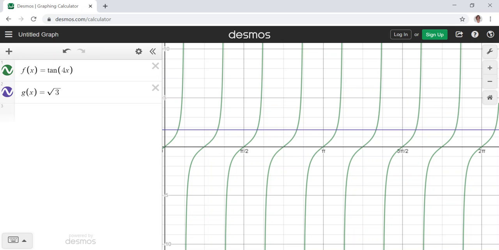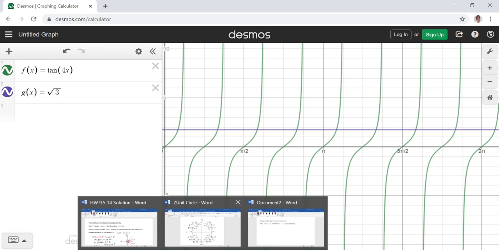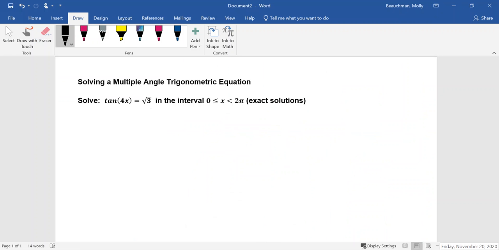So let's see how we do that by hand, and then we'll come back to the graph and check and make sure that we've got it right. The first thing we do is take the inverse tangent of each side. So 4x is going to equal the inverse tangent of the square root of 3.